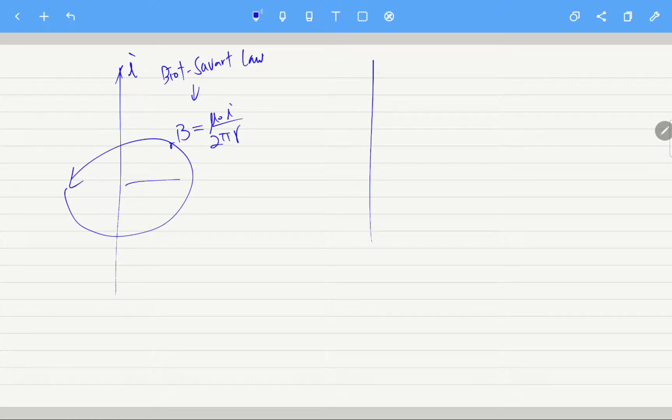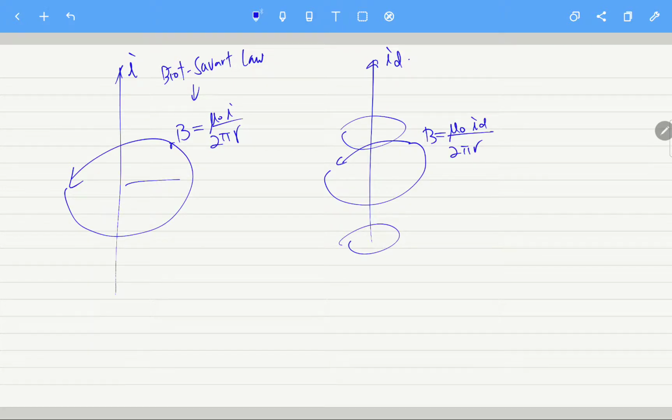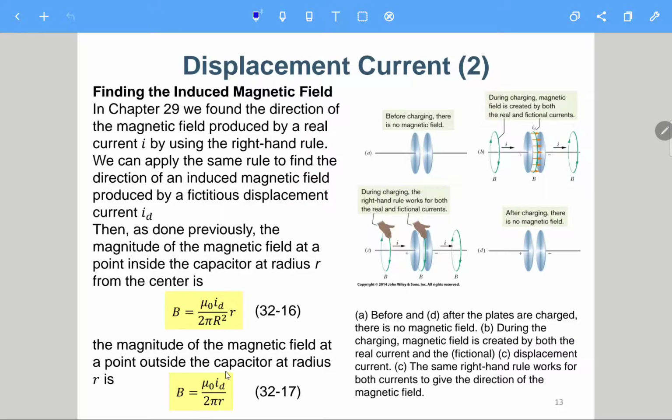So now if we have the displacement current, then the generated B field is something like B equals mu naught I_D over 2 pi R, which is this expression.